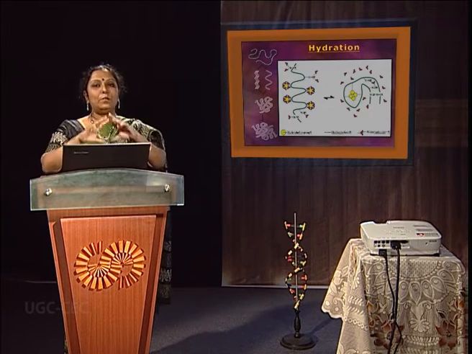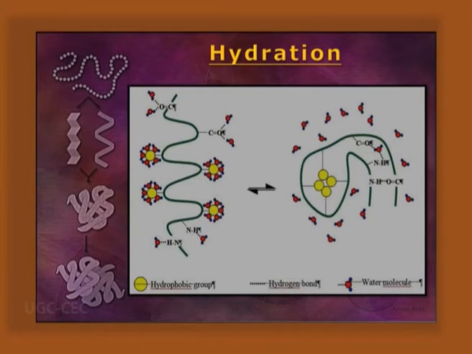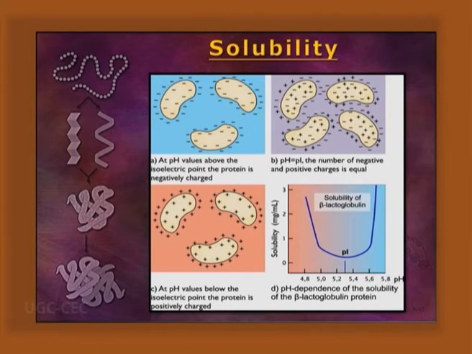Hydration. As we know, over the surface the polar residues are there, and they are involved in making hydrogen bonds and ion pair interactions with the aqueous medium. So a lyophilic sol structure is made. Solubility. The solubility of the protein is determined by several factors like pH of the medium and molecular size.